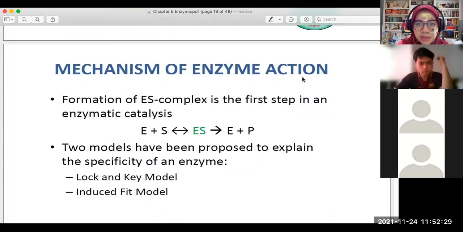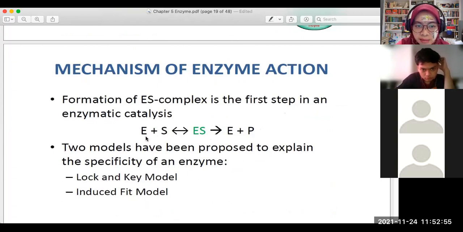Okay, so the mechanism of enzyme is generally from enzyme, E is enzyme, S is substrate. ES is the complex that will form, and then finally it will form back to enzyme, and P is product. We will look into the mechanism later in diagrams, but this is what you need to know first.